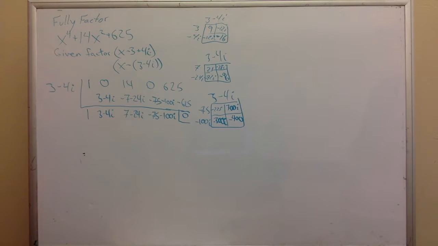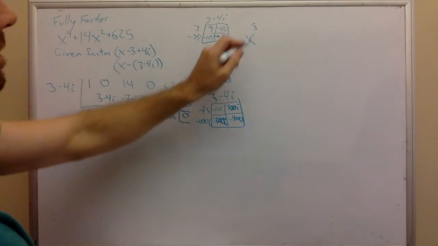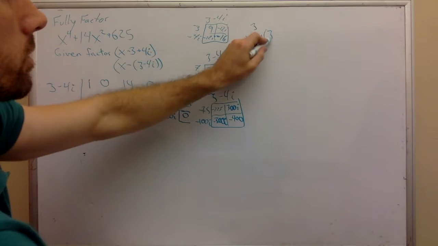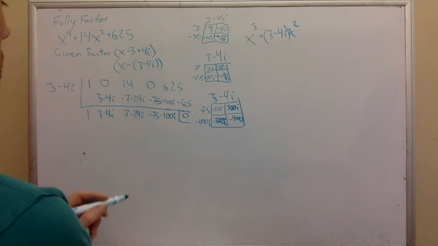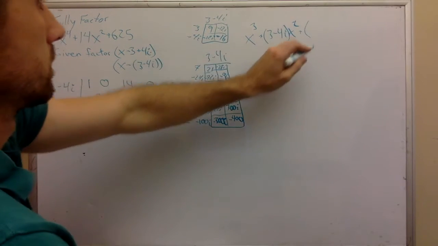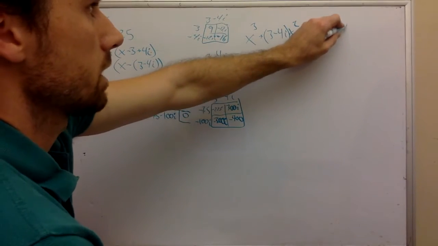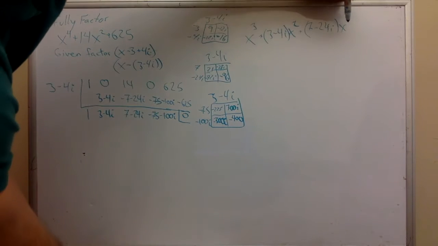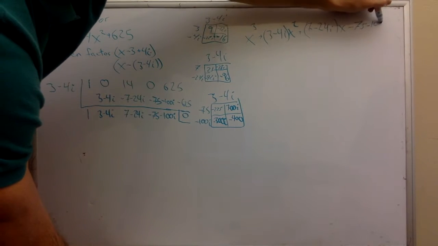So now that's a little crazy to see, but if I wanted to write this out, I would have x cubed plus, I might write it like this, 3 minus 4i x squared plus 7 minus 24i x minus 75 minus 100i.